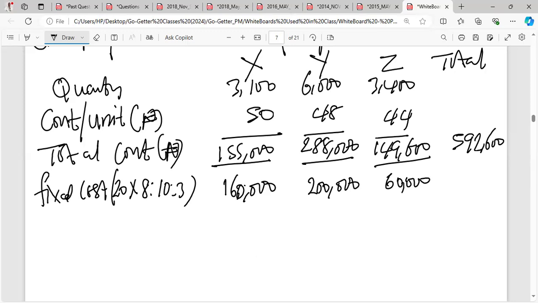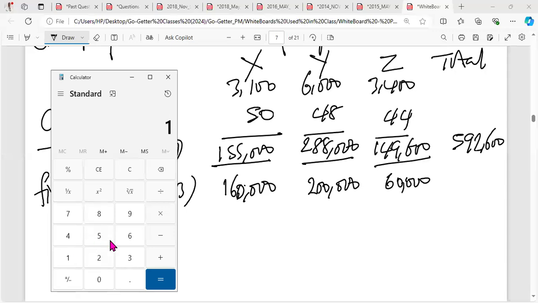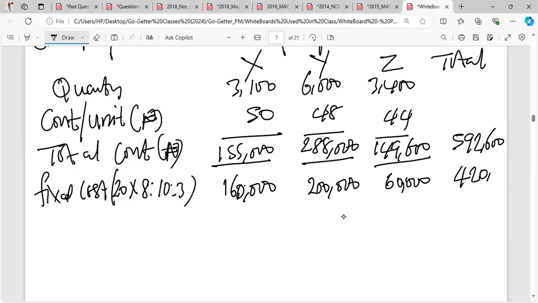So when you add them up, 160 plus 200 plus 60, that will give you 420,000.